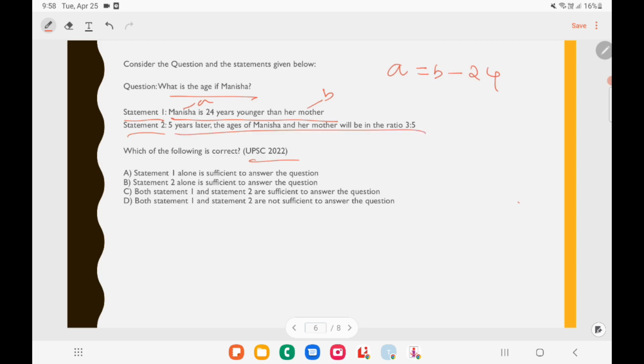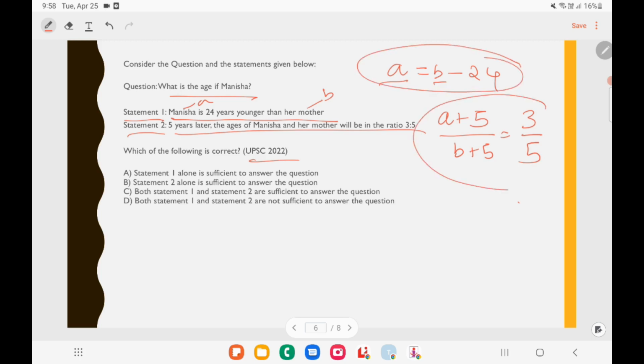And the second statement says that 5 years later, that means after 5 years, Manisha's age will be A plus 5 and her mother's age will be B plus 5. So this is in the ratio 3:5. So here actually just by using this you can answer the question, because you have two variables here, A and B are the variables, and you got one equation this one and one equation this one.